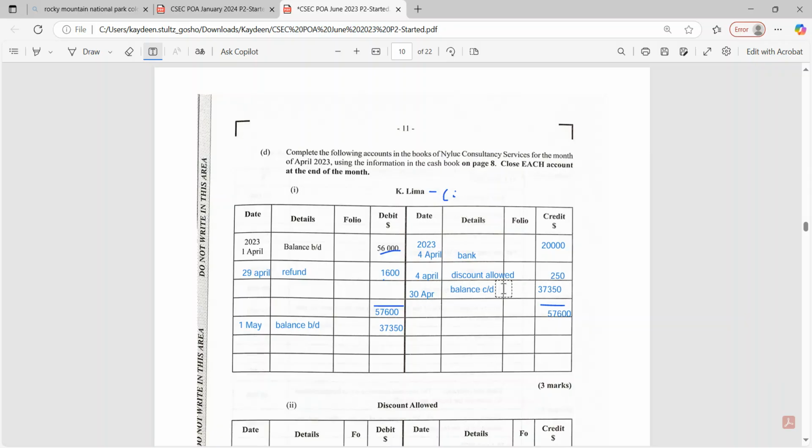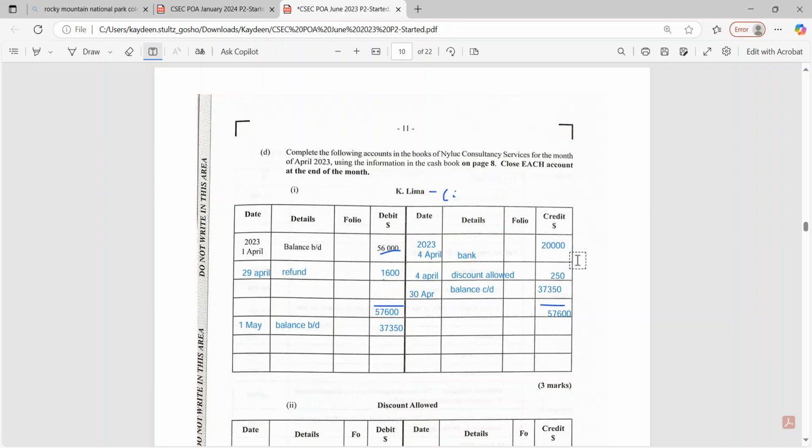We will also credit her discount allowed because we gave her that incentive, right? For the refund, however, we're going to debit. So we debit this 29th of April, 1,600. And then we're going to balance off the account. So we have 56,000 and 1,600 on our credit side. So that gives us 57,600. On our credit side, we have 20,000 and 250. So that gives us 20,250.